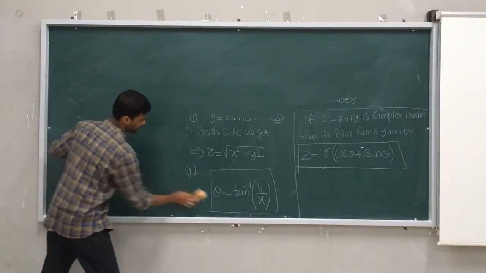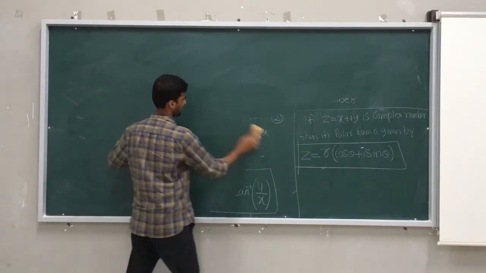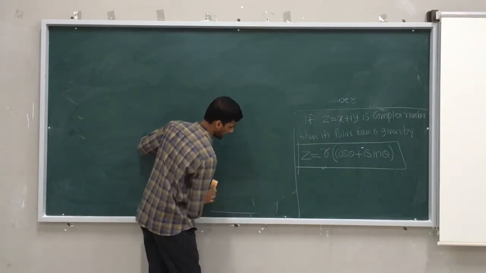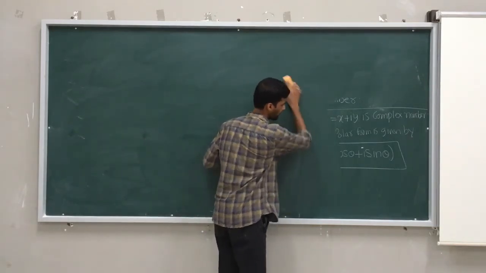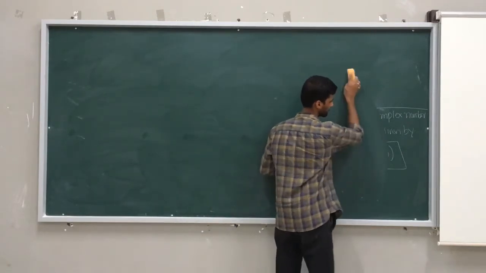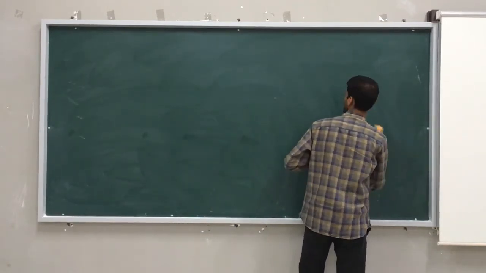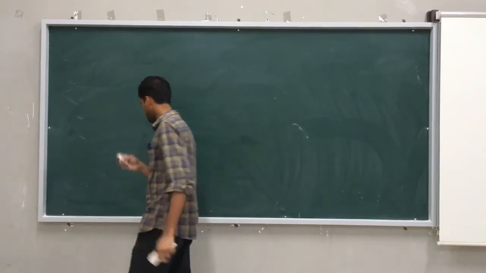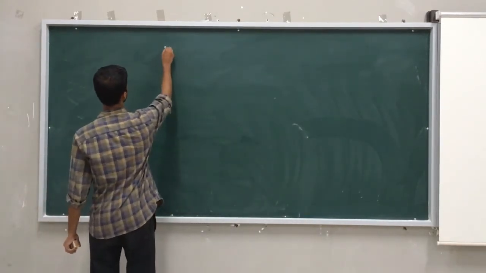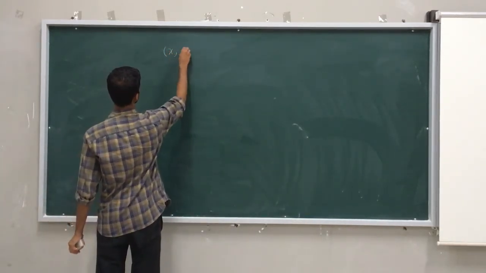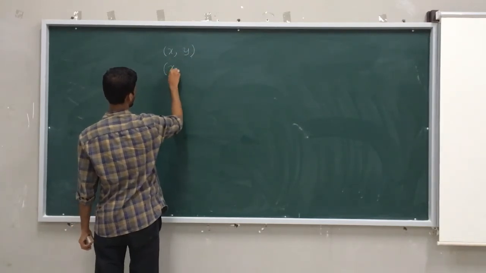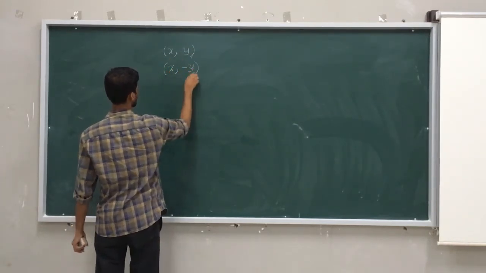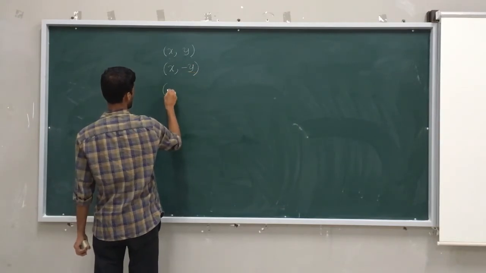I want to tell one more last note, and after this I will proceed with problems based on polar form one by one. See, my dear student, the note for you is we have four cases. One is both x and y positive.